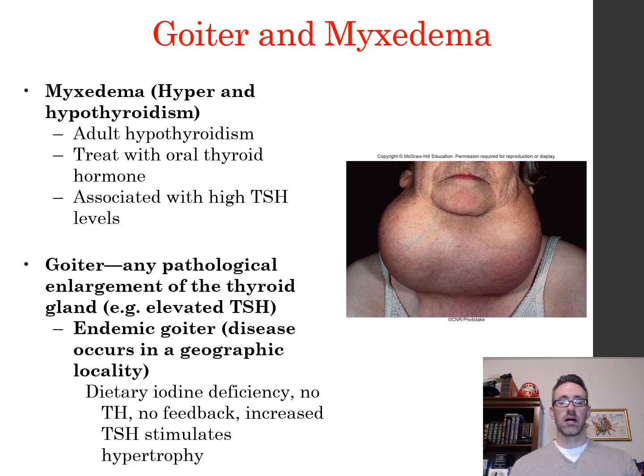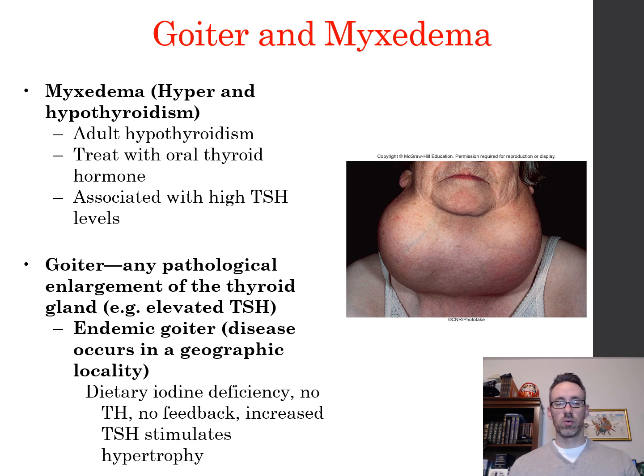What happens is you get a deposition of collagen and chondroitin sulfate in the extracellular space, and it can hold on to more water. And so it can become sort of a non-pitting type of edema.